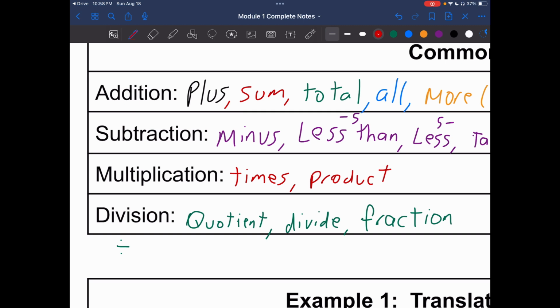Now, while we're on the topic of symbols, there is one symbol that you will be using, and I am requiring it. When we are talking multiplication, we are only going to be using the multiplication dot. In algebra and in math classes beyond here, you will be using x as potentially a variable.